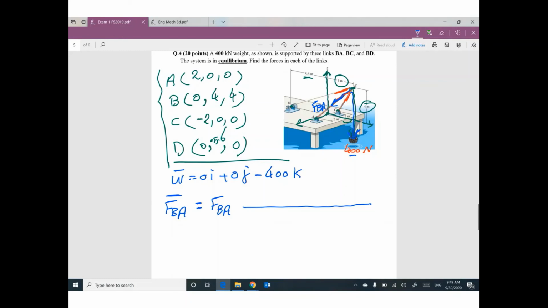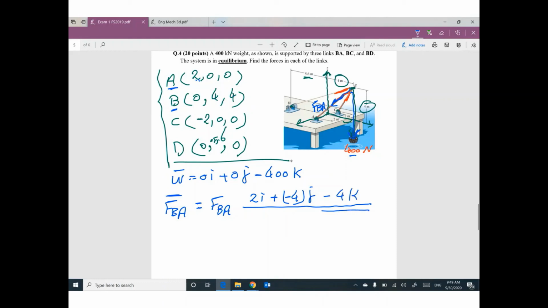So point A minus point B. BA, so the second point minus the first point. So A minus B. So 2 minus 0 will be 2I. 0 minus 4 will be minus 4J. 0 minus 4 will be -4K.